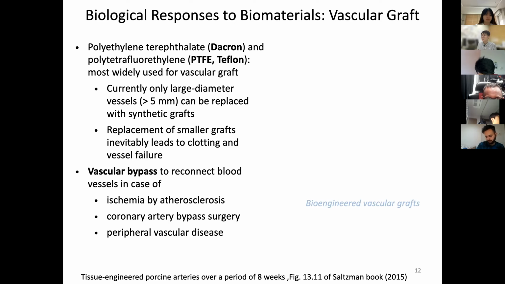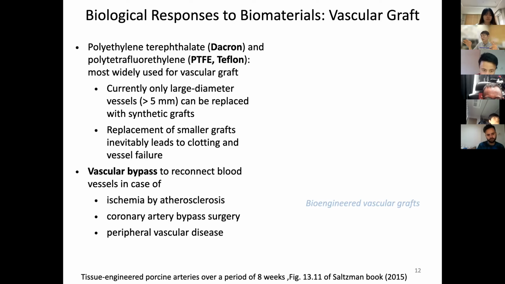Okay, so graft is one thing. There's a blood vessel with a blockage. To reconnect the blood vessel, there's another way. Instead of throwing out this narrowing blood vessel, why don't we make a bypass? That's another approach.